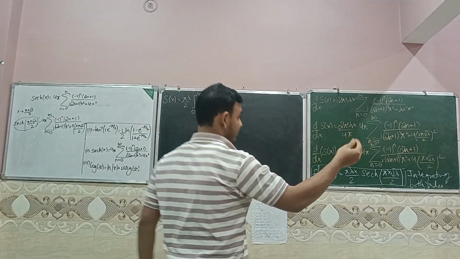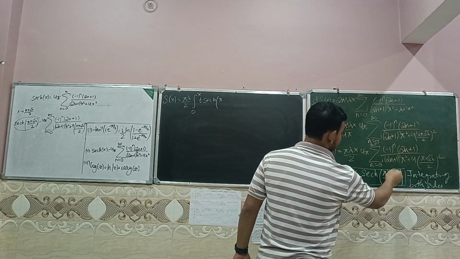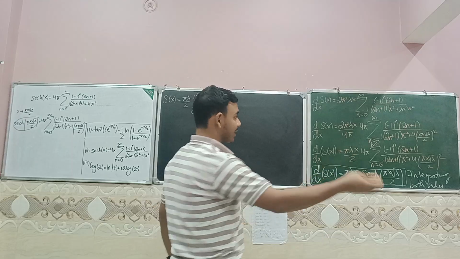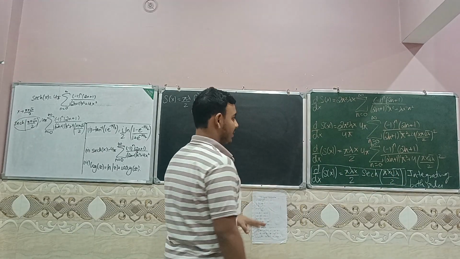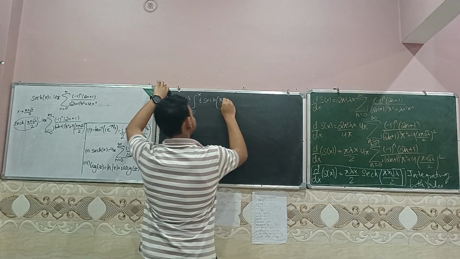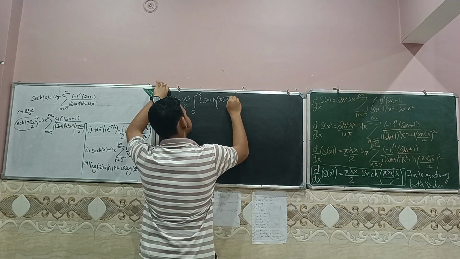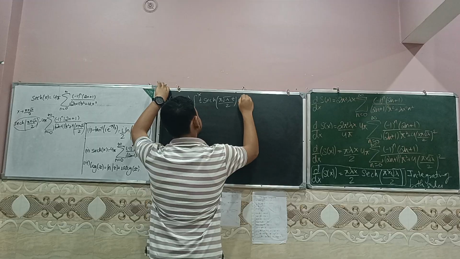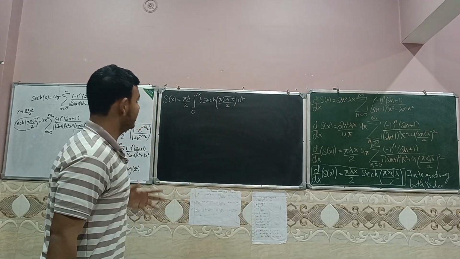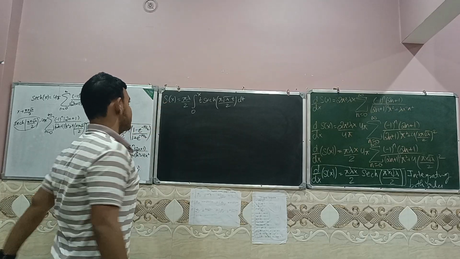I thought there was a square root of x that is going to be replaced with t, but the square root is on lambda. Thank God. So pi times the square root of lambda times t over 2 dt. So this is what we have to integrate to get S of x, right?